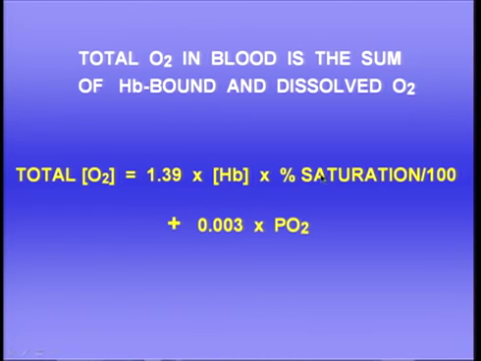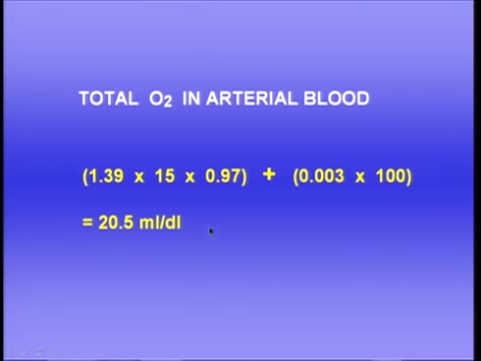So this would be 97% over 100, 0.97, plus the amount that's dissolved. So let's just do this calculation for arterial blood, for example, where the PO2 is, say, 100 millimeters of mercury. This would be 1.39 times 15 times 0.97 plus solubility 0.003 times 100, the PO2, and that all comes out to be about 20.5 mils per deciliter.